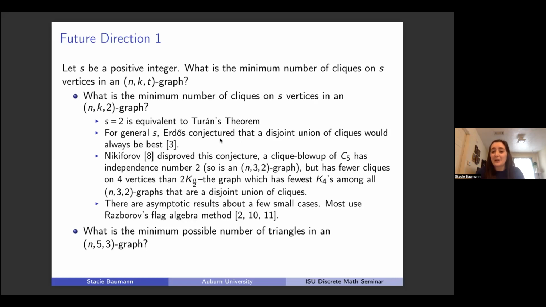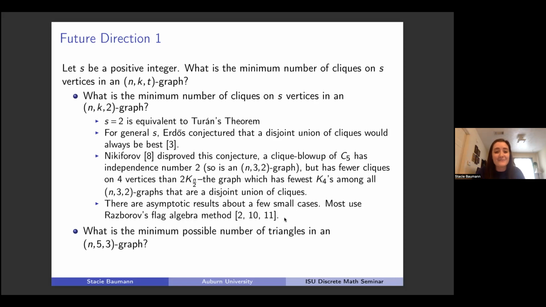So this conjecture was disproven, which is interesting. There are some results for this, and it uses flag algebras, which I am no expert on. I think more people in that room could tell you about that than I could. I know some of you are very familiar with flag algebras.